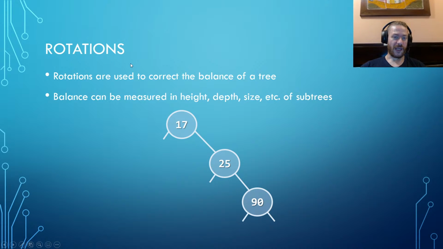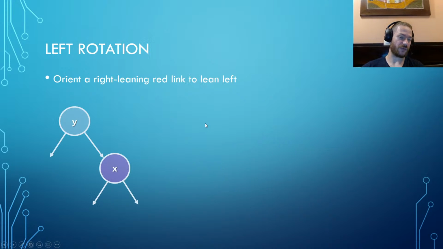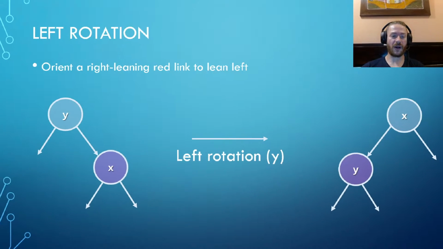We use rotations to correct the balance of the tree, and the balance, of course, is measured in height, depth, size, the same thing. So the right sub-tree here weighs more, so we need to use a left rotation. A left rotation is the same rotation as before, but we need to swap the colors too.